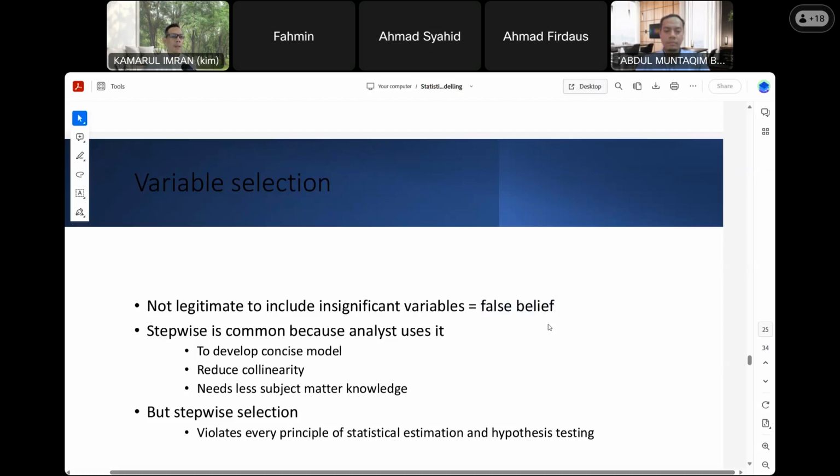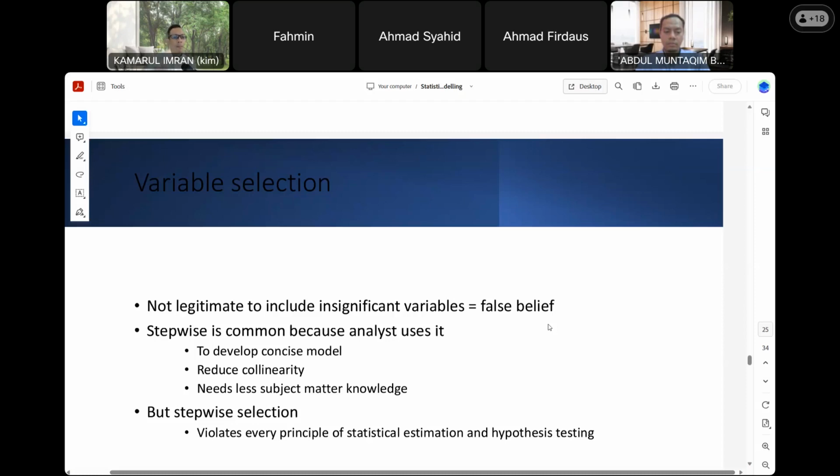Okay. Stepwise is common, right? You do stepwise, forward stepwise, backward stepwise, automatic stepwise. Because the analysts claim that you can develop a concise model, it can reduce collinearity, and you don't have to think, you just let the computer do the thinking for you.